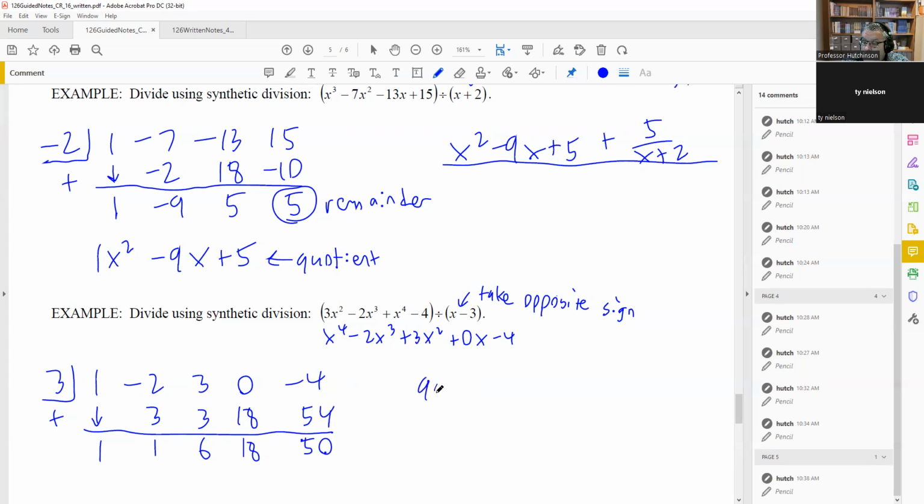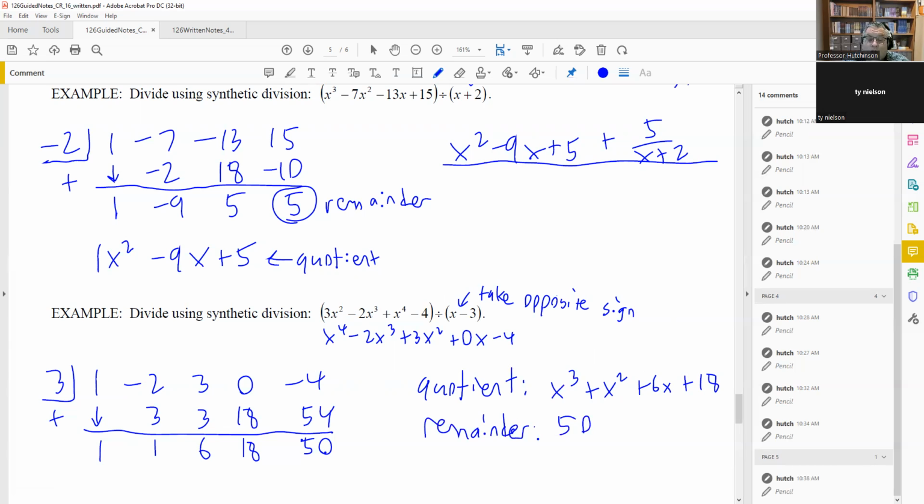Okay, so if I want to write out the quotient, originally I had x to the fourth. Every time I do synthetic division, it's going to take your power down by 1. This is now going to be x cubed. So I have x cubed plus x squared plus 6x plus 18. And then my remainder is going to be a 50.